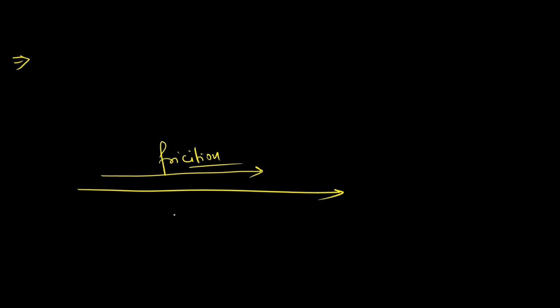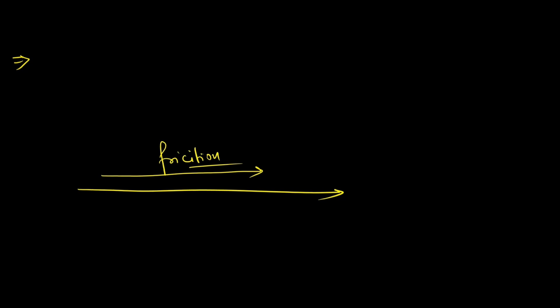For example, I have a cup of coffee and it falls down and breaks. All students know this. Is it possible that in reverse the cup will come together and create the same cup as it was earlier? No, it's not possible. It is possible in one direction only.